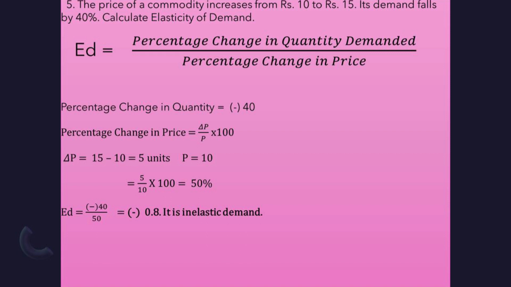That is, delta P will be 15 minus 10, which gives you 5, and P is 10. So 5 divided by 10 into 100 gives you 50%. So elasticity of demand will be minus 40 divided by 50, which gives you 0.8, and it is less than 1, so it will be considered inelastic demand.